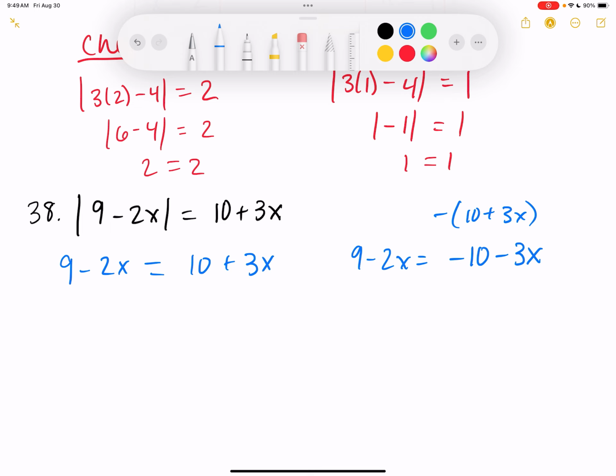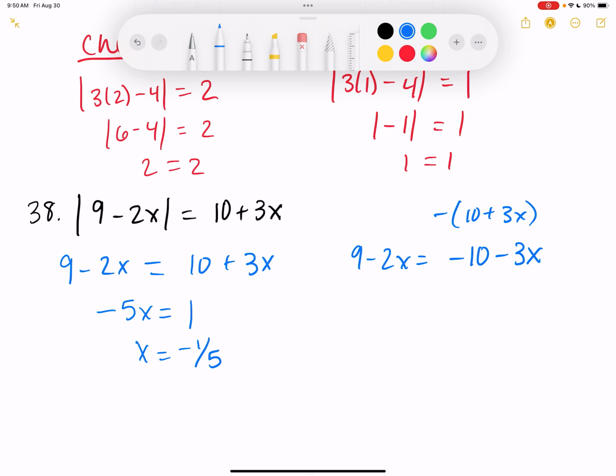So moving x's to the left, numbers to the right, I get negative 5x equals 1. x equals negative 1/5. Now, I should start thinking that there is a possibility that that's going to produce an extraneous solution because it's negative.